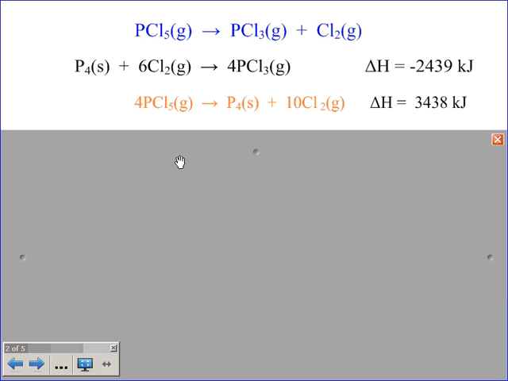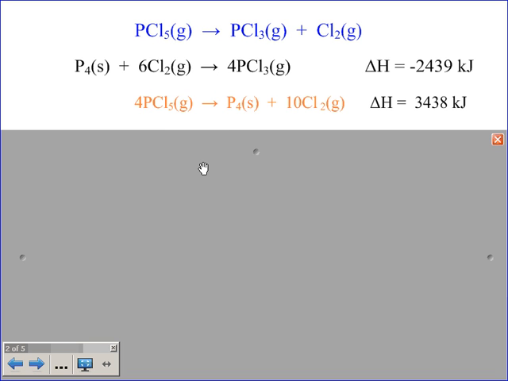Because we can add these reactions together, and because it doesn't matter how you get to the target reaction, since enthalpy is a state function, we can bring these two, the black and the orange equation, together to make our target equation. One of the things that I've done is line up the arrows.